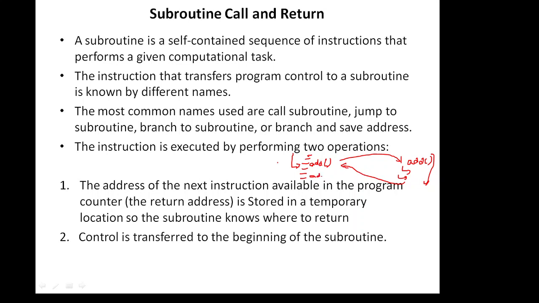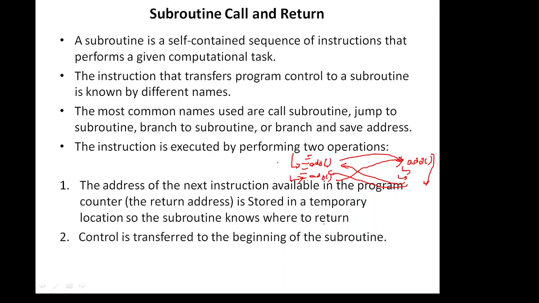And again here I got an add instruction. Whenever I get an add instruction, I'll go to that place, execute the task and return the value. So this is how a subroutine is called. The most common names for using a subroutine are jump to subroutine, branch to subroutine, or branch and save address.